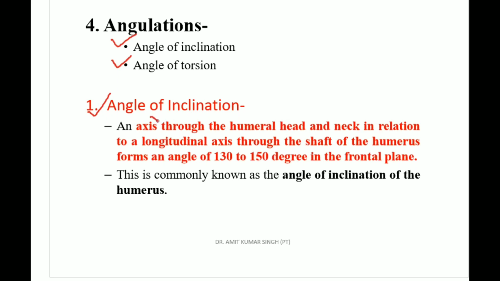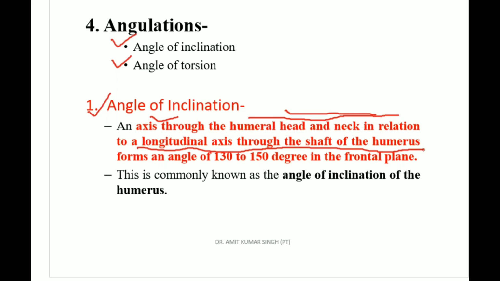So an axis through the humeral head and neck. We are going to draw the first axis from the humeral head and neck in relation to a longitudinal axis through the shaft of the humerus. As all of you are aware, to make an angle, two lines are required.